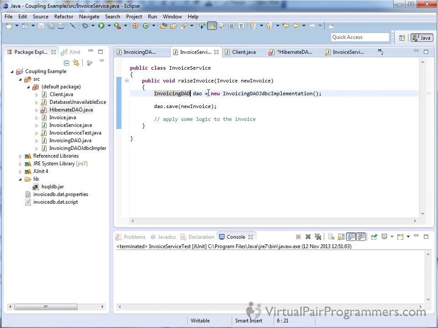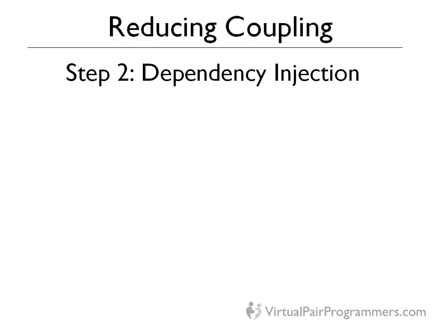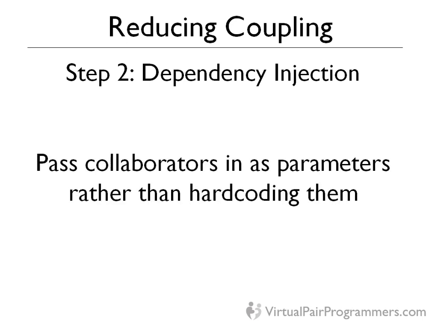So that means we still have coupling here. So step 1 was necessary, but it's only one step. This is going to lead us to step 2, which is called dependency injection. Dependency injection is nothing more than a fancy term that means to pass in the collaborating objects as parameters rather than hard coding them.